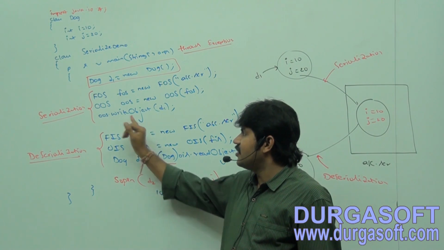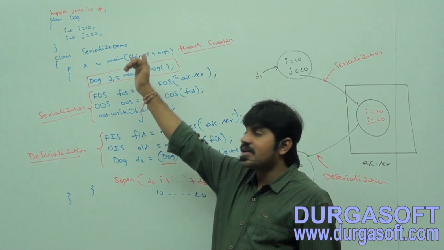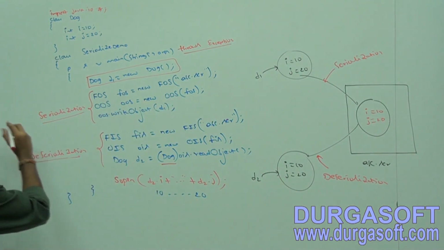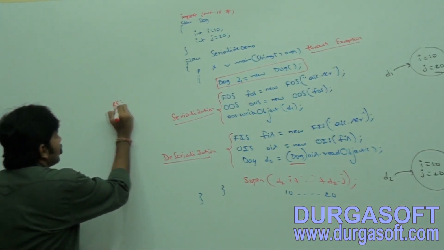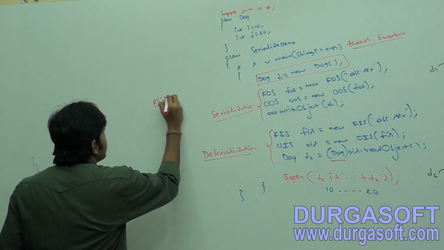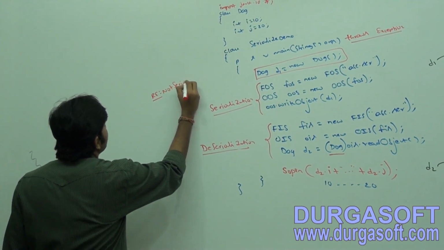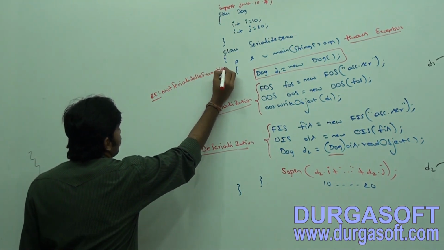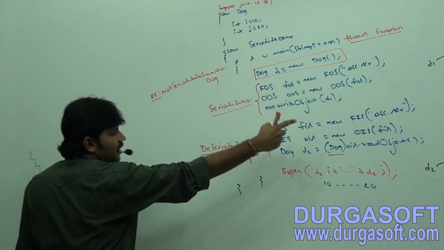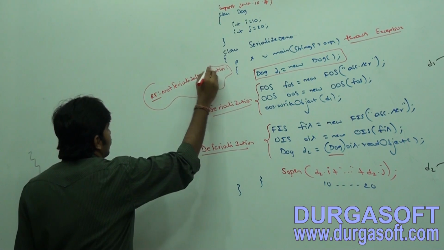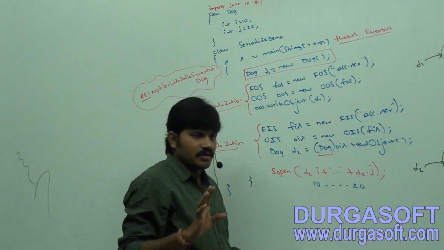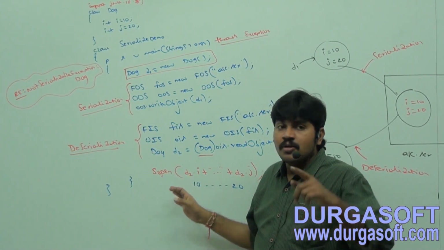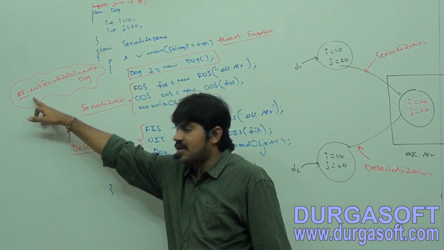If we are trying to serialize an object but the corresponding class doesn't implement Serializable, then we are going to get a runtime exception saying NotSerializableException: Dog, because we are trying to serialize the Dog object, right? Is it clear for all of you? So the code compiles, but the problem is at runtime.